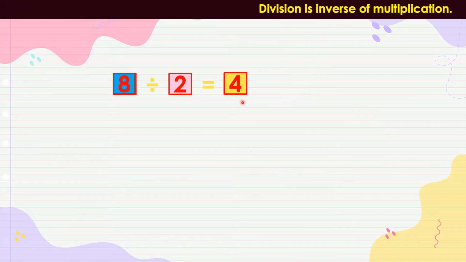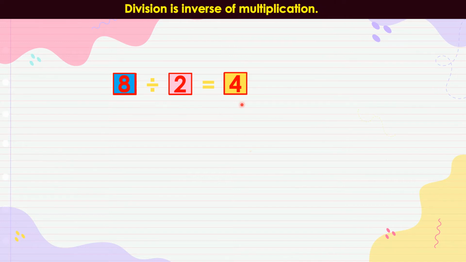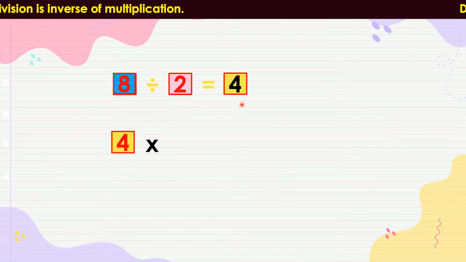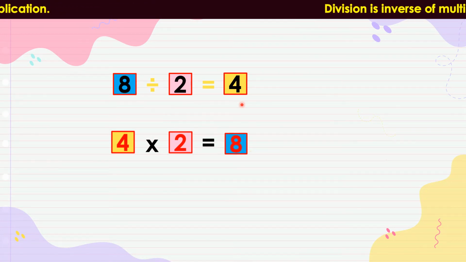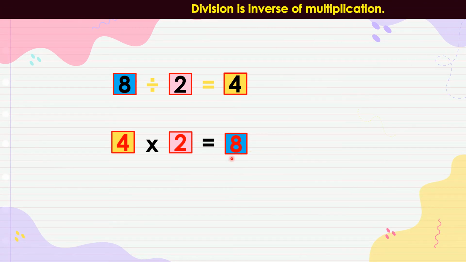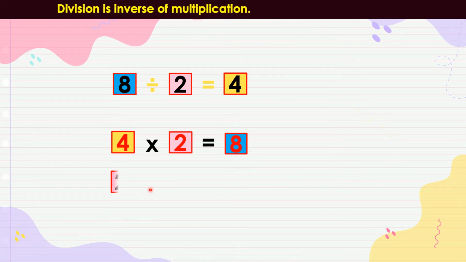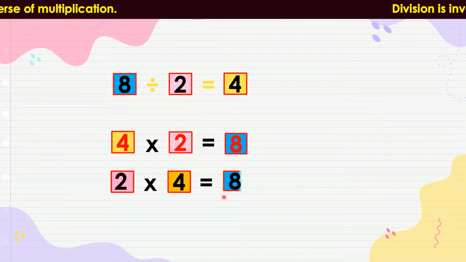We want to write this as a multiplication, when we multiply two smaller numbers together to make a larger number. So, 4 times 2 is equal to 8. We also can write 2 times 4 is equal to 8.